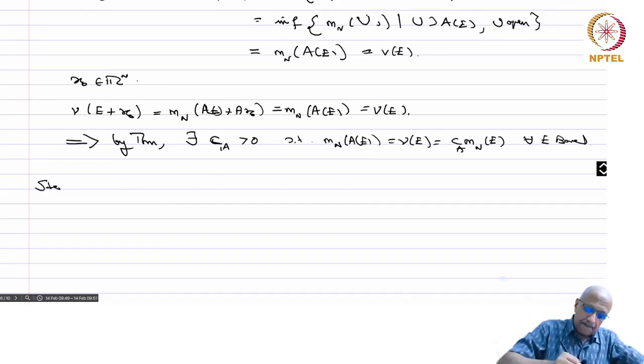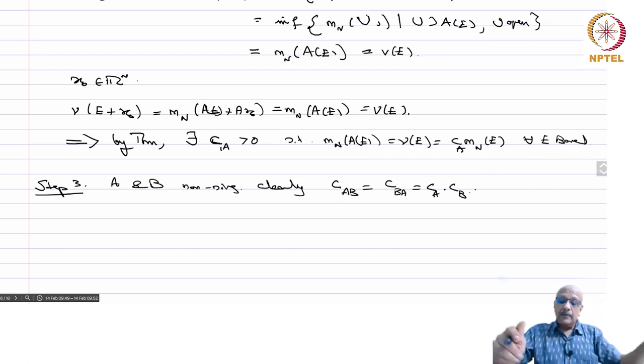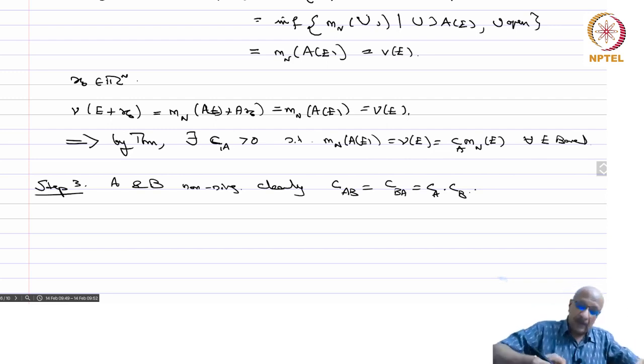Step 3. If A and B are non-singular, clearly C of AB equals C of BA equals CA times CB, because the measure of AB of E is CA times the measure of BE, which is CA times CB times the measure of E, and therefore C of AB is the same as CA times CB.